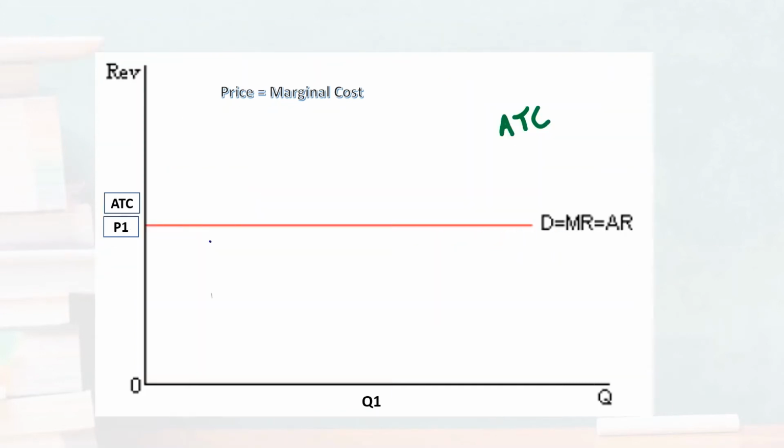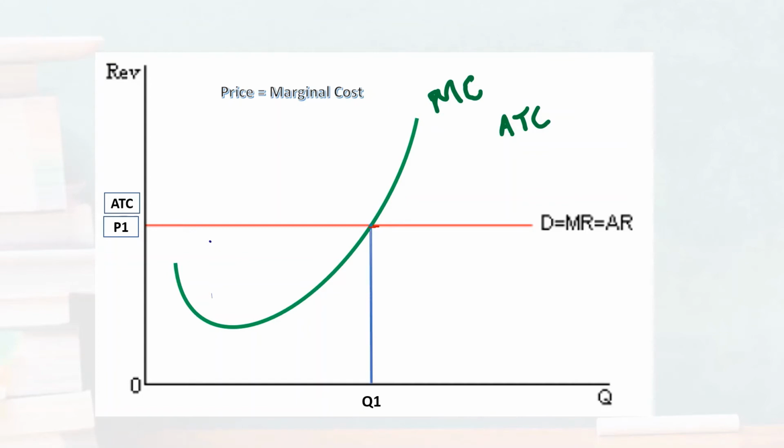Now consider another case for a perfectly competitive firm which is different from the previous one. Here the firm is earning losses instead of profit. The starting point is the same: we start by defining the output level by applying the profit maximization condition that marginal revenue equals marginal cost, and this gives us the output level.